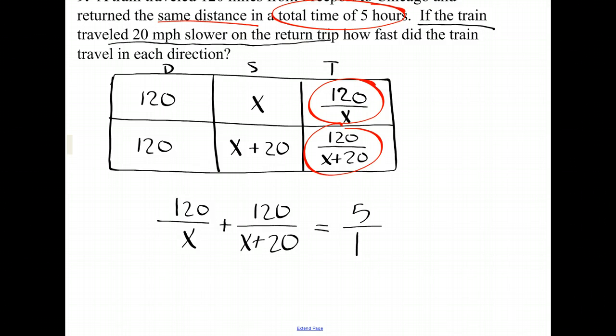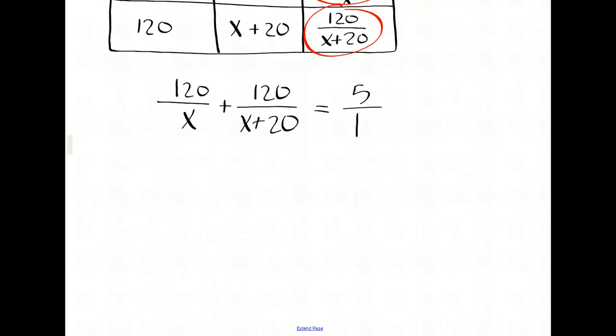And now this is just a rational equation that you get common denominators and solve. Common denominator is the product of x and x plus 20. So this one needs an x plus 20. This one needs an x. This one needs both, x squared plus 20x. So you get big numbers here, but this one ends up factoring.